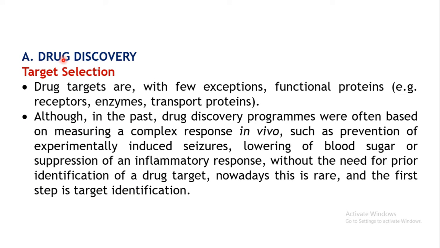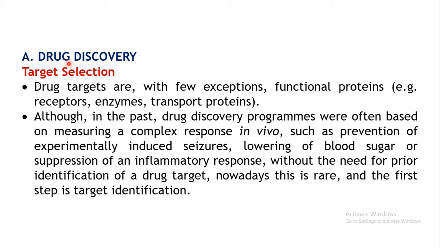Coming to the first one, that is drug discovery. Here you are discovering a new compound, or maybe a new use of a particular compound which is already being used for some other condition. Basically, drug discovery indicates several identification steps.